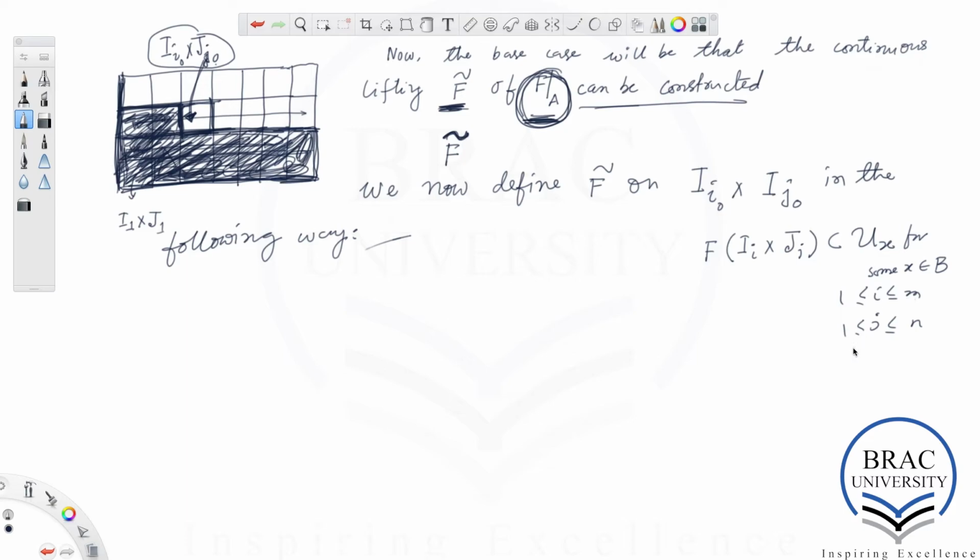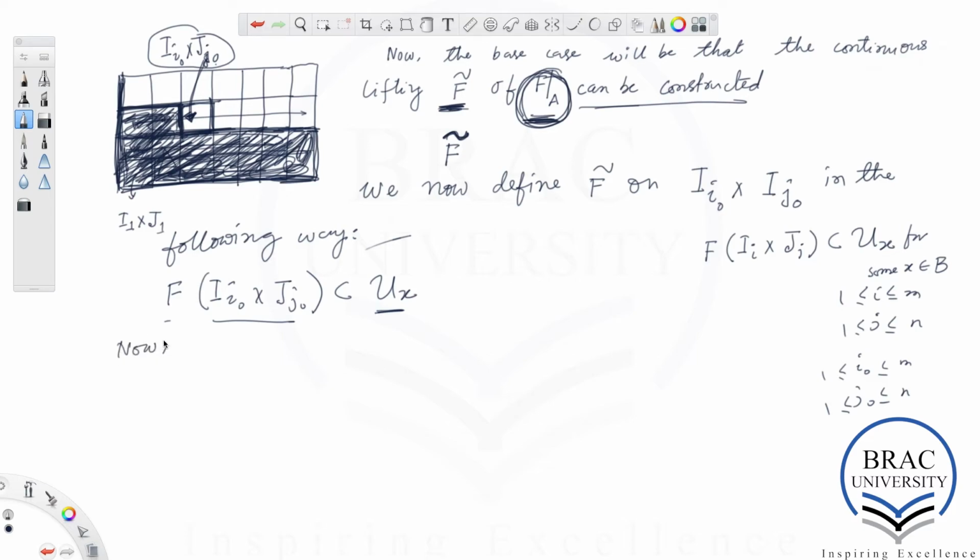So now we choose, since I sub 0 is between 1 and n, and J sub 0 is between 1 and n, we immediately see that the image of I sub I0 cross J sub J0 under f is going to be contained in some evenly covered open set U sub X.